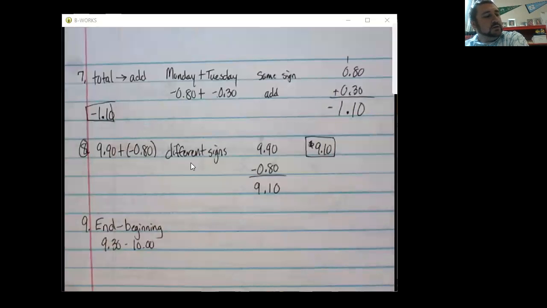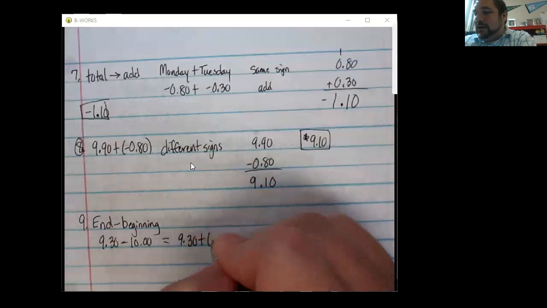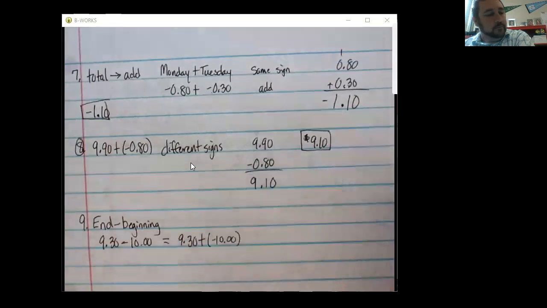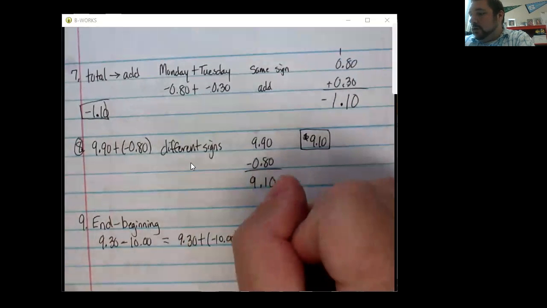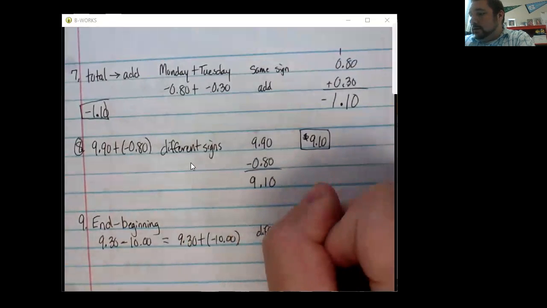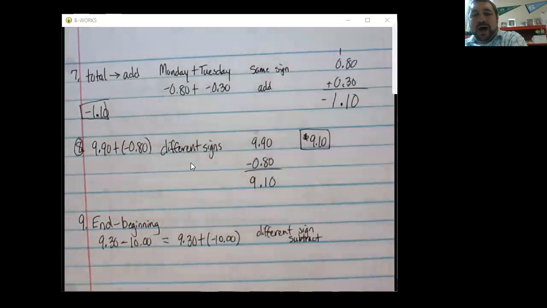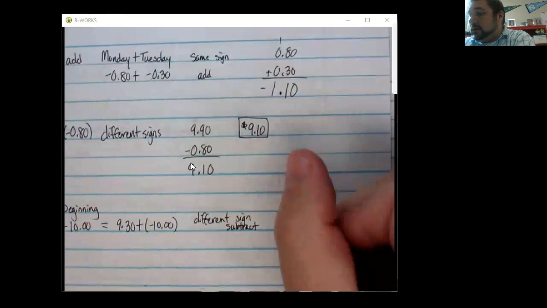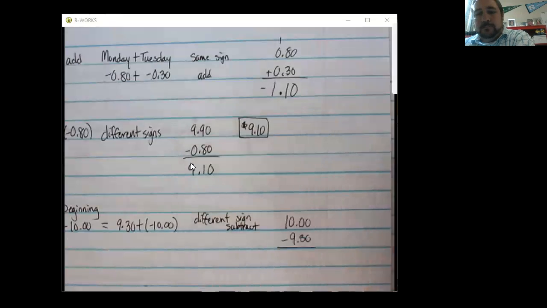So that means we have to rewrite this as 9.30 plus a negative 10.00. So our signs are different, therefore we subtract. Different sign, subtract. So we're going to put the bigger number on top. So it's going to look like this: 10.00 minus 9.30.